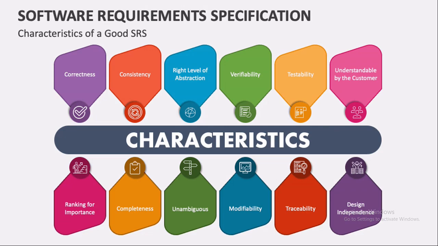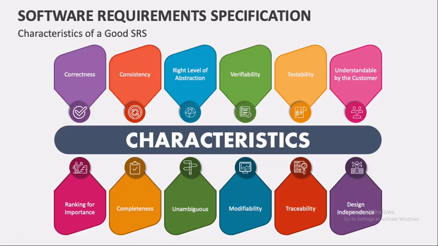To be effective, an SRS must possess several key qualities. These are some characteristics of a good SRS. The first one is accuracy and logic, or we can say correctness.